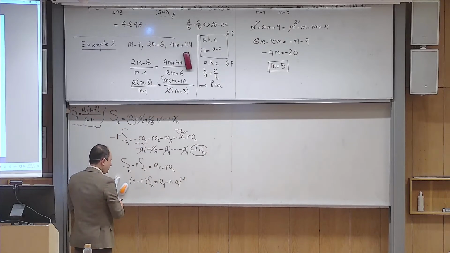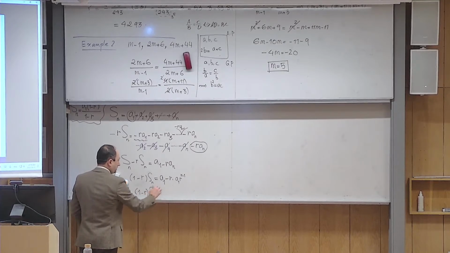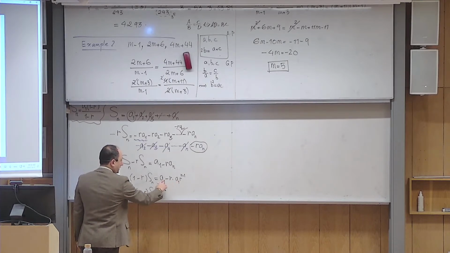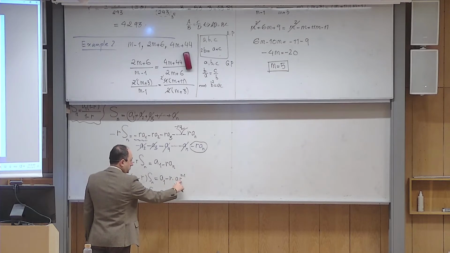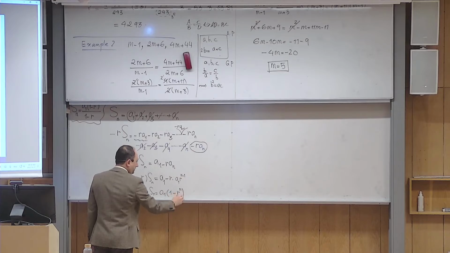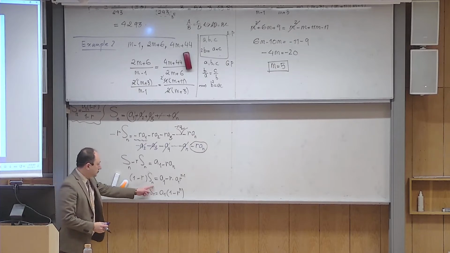So then it becomes 1 minus R Sn is equal. Between these two, I can factor A1 out. From this one, 1 is left. But here I have R, which is supposed to be multiplied to R to power n minus 1, which gives me R to power n. Yes? And then I am looking for Sn.